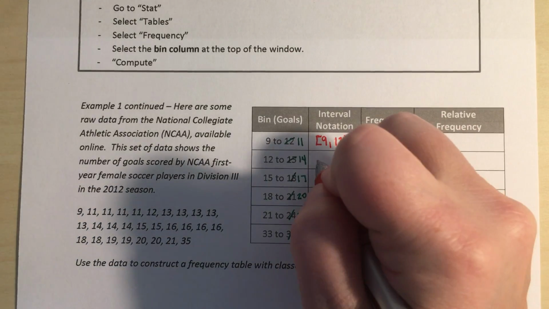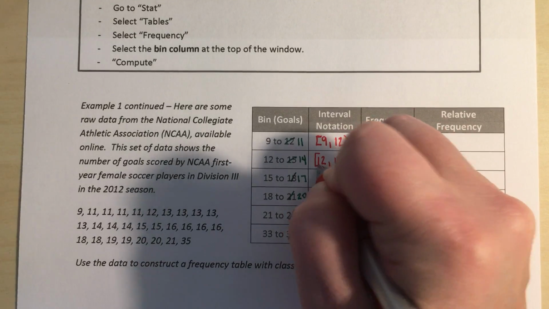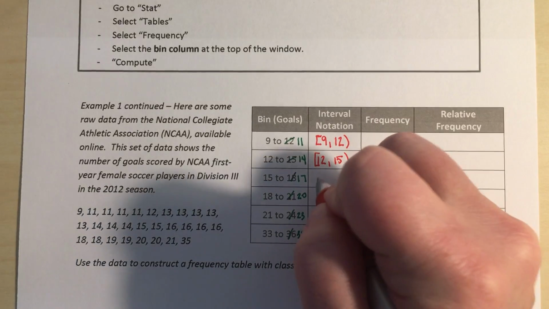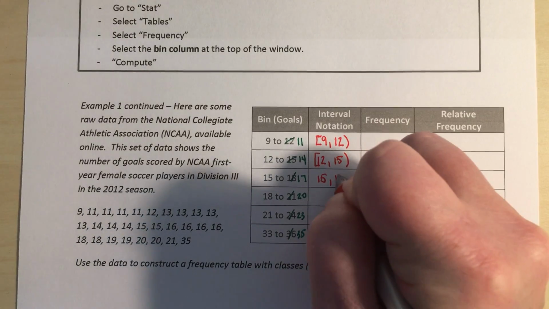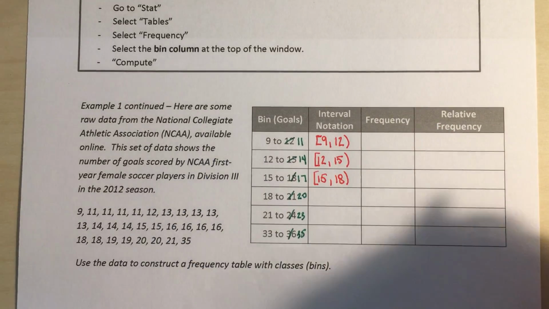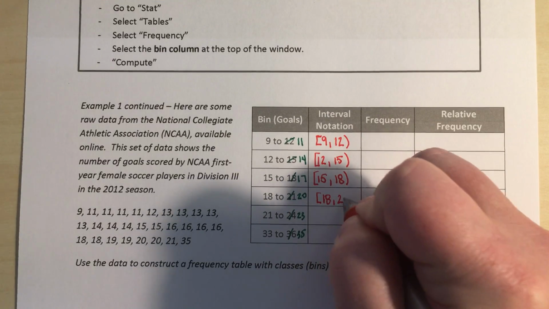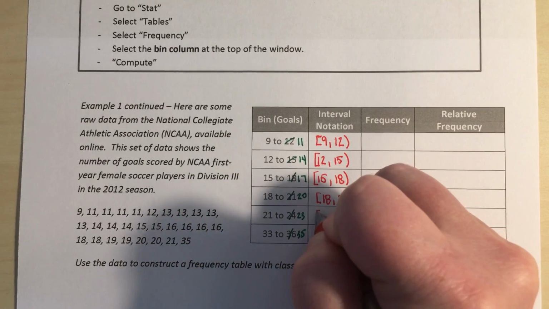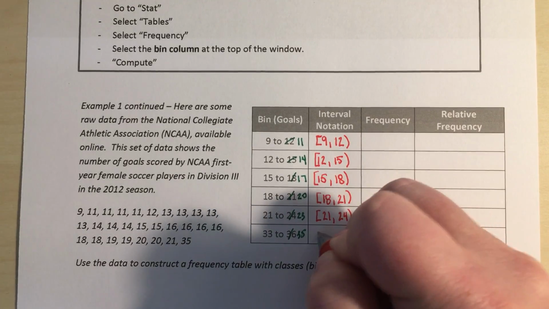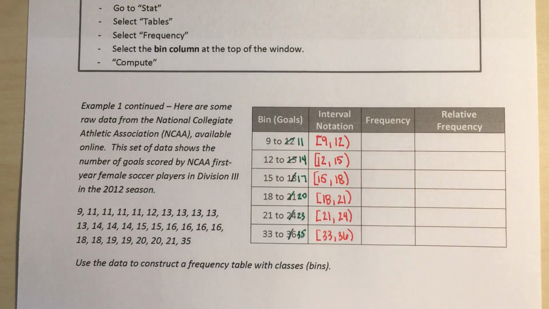The 12 is going to be included in our next bin, so this is going to be 12 to 15. The 12 gets the square bracket, the 15 gets the parenthesis. Then we're going to have 15 to 18, square bracket to include the 15, parenthesis so we don't include the 18. Then 18 square bracket to 21 parenthesis, 21 square bracket to 24 parenthesis, and so on, down to 33 square bracket to 36 parenthesis.